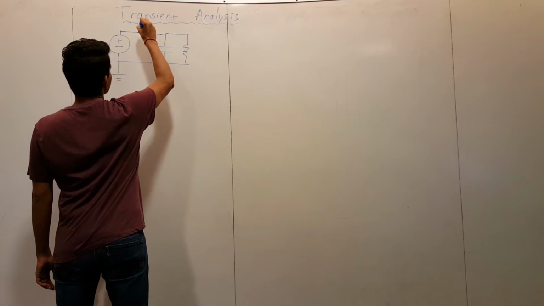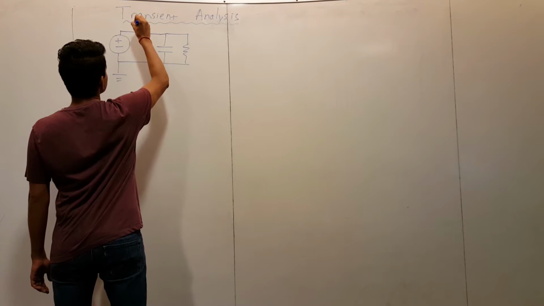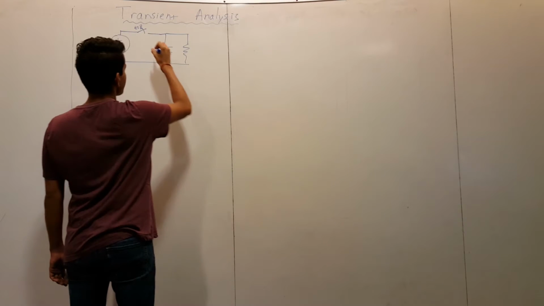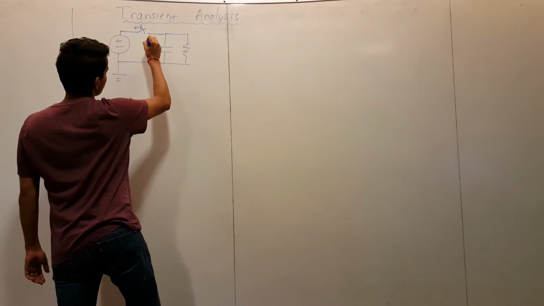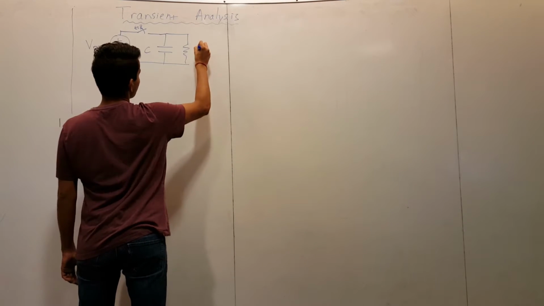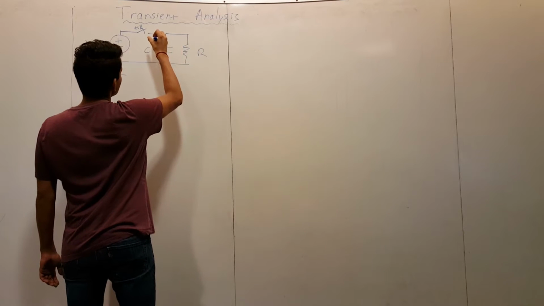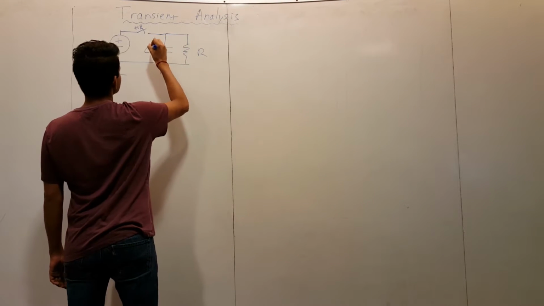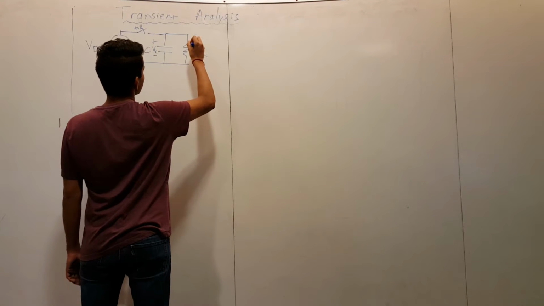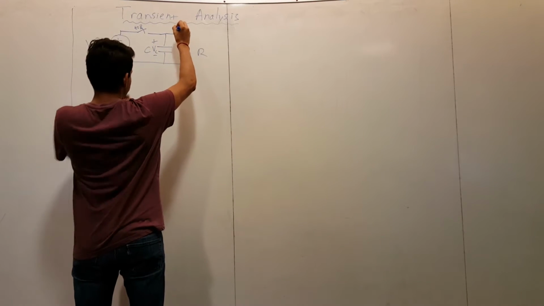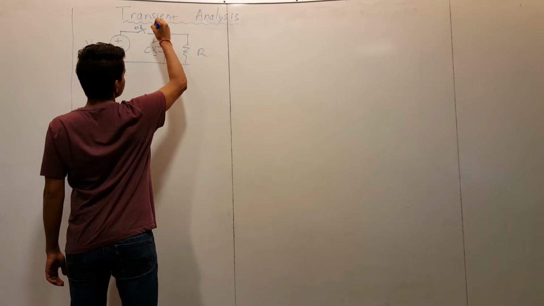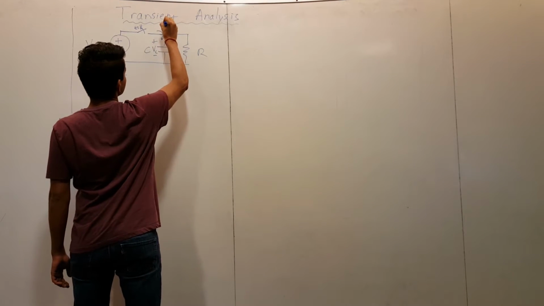At time t equal to 0, this switch flips up, and then you're left with the capacitor and resistor. We'll call these C and R, with plus and minus VC, and this is IC flowing into the capacitor.